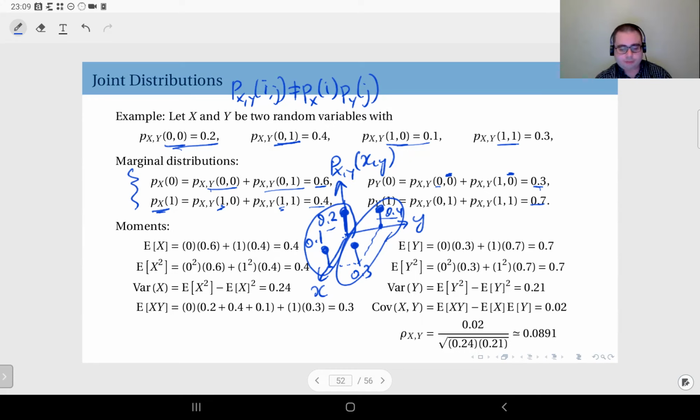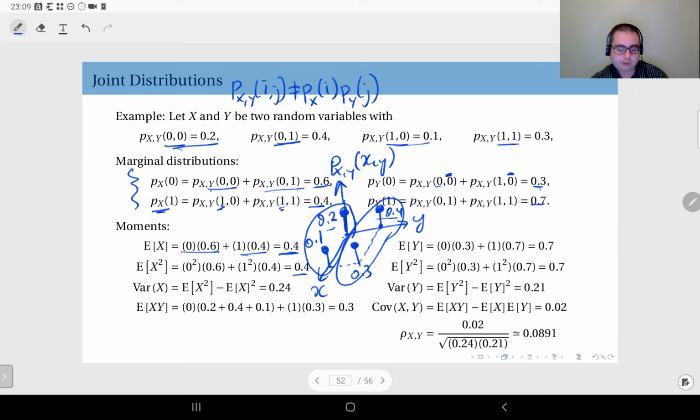Let's look at the moments. I have the distributions here. So x is 0 with probability 0.6, and 1 with probability 0.4. So the mean is 0.4. Essentially, this is a Bernoulli random variable with parameter 0.4. Its expected value is 0.4, and its second moment is also 0.4.